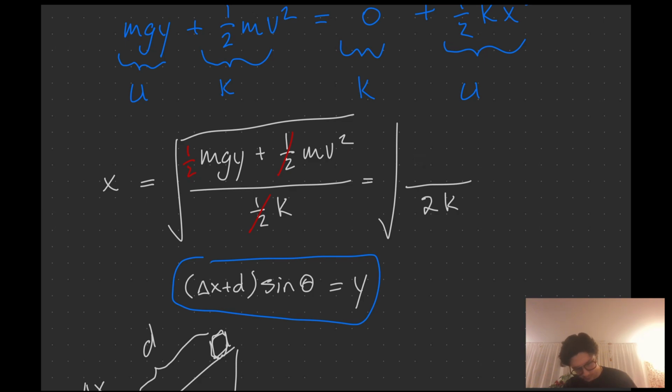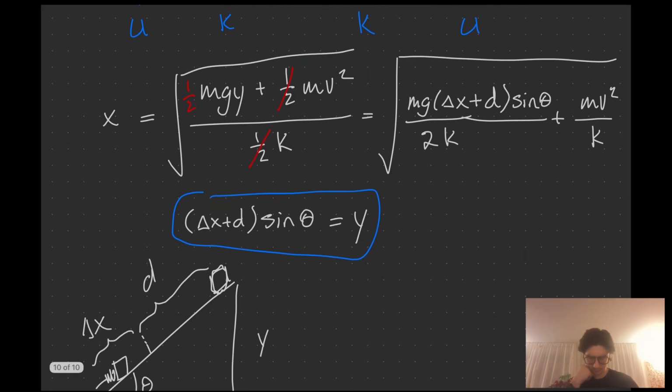I'm going to do m, g, and then here we have, oh damn, this is going to mess us up. Here we have delta x inside this equation. That is going to mess us up a bit because we're solving for delta x. Here we have an equation for delta x and there's delta x inside of it. So not good. And then here we have plus mv squared over k.